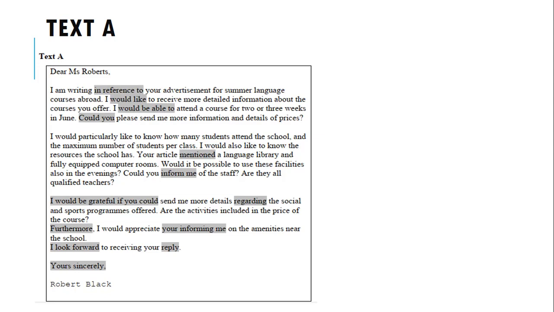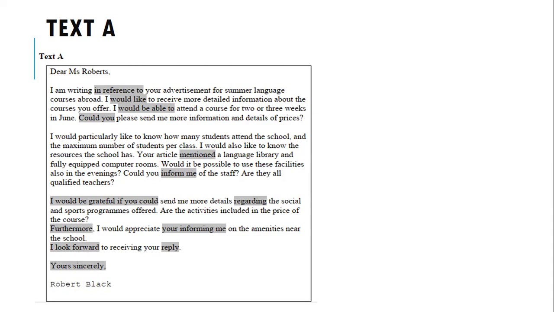I would be grateful if you could send me more details regarding the social and sport programs offered. See, in paragraph 3, we also find the formal expression. I would be grateful if, a kind of conditional sentence, conditional sentence type 2.